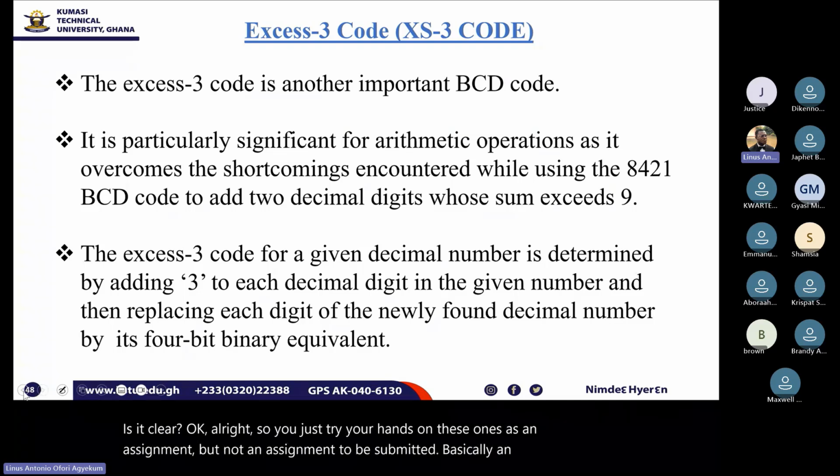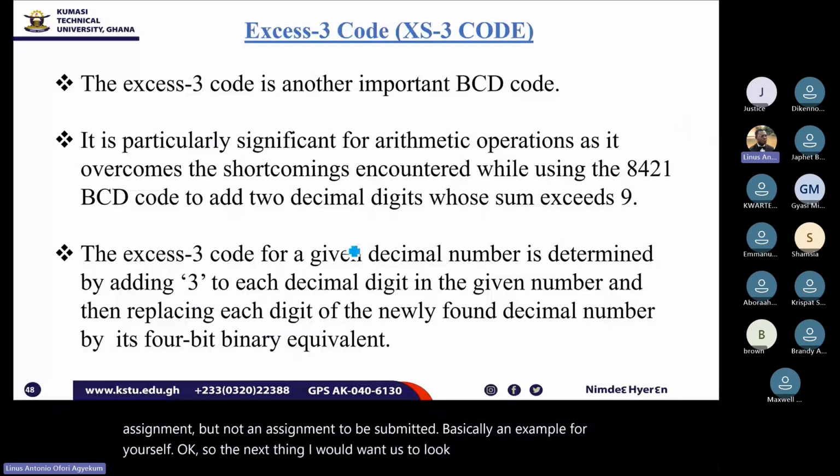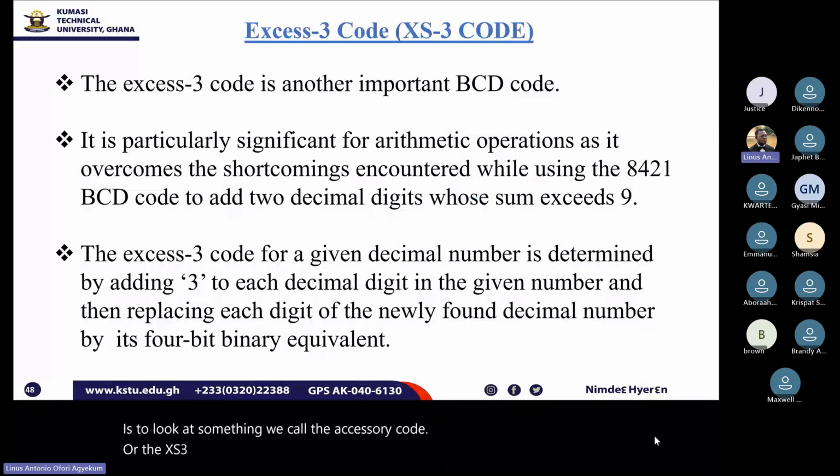Okay. So the next thing I would want us to look at before we end this particular unit, which is unit 1, is something we call the XS3 code. The XS3 code is another important binary coded decimal.